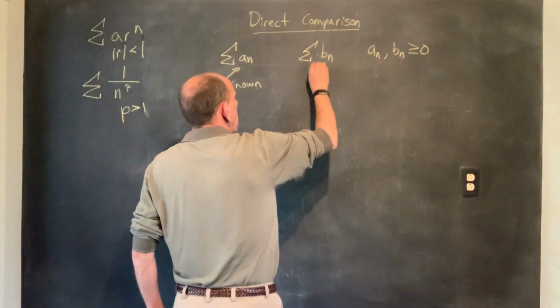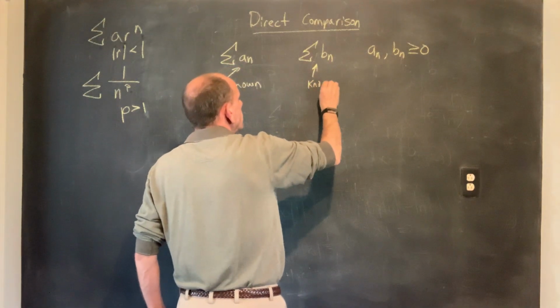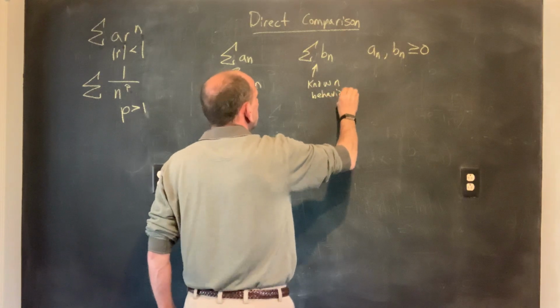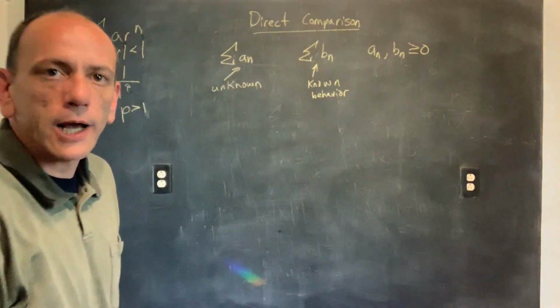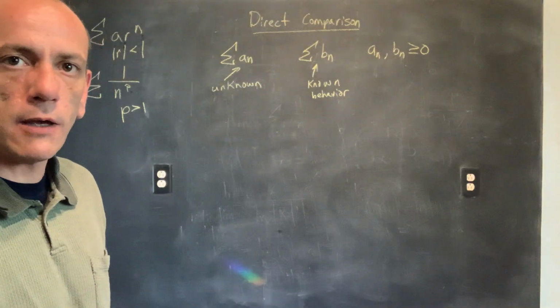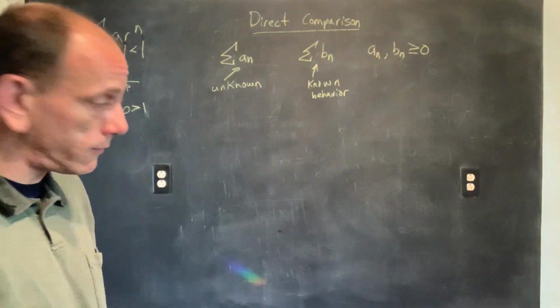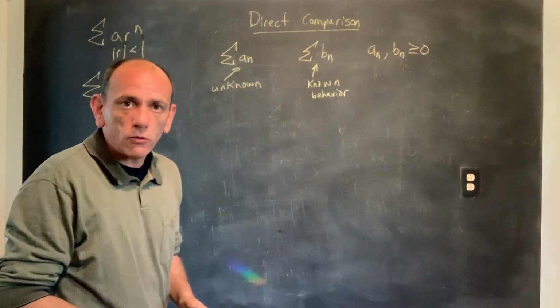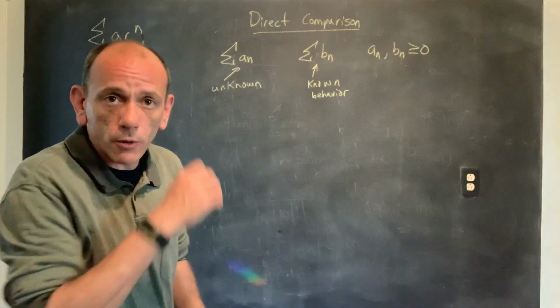And this thing I know, it's got a known behavior. Like maybe it's a harmonic and I say, okay, I know it diverges. Or maybe it's a p series with p equal to 3 and I go, okay, I know that converges. So our B sub n is known, and then our A sub n is what we're trying to test.